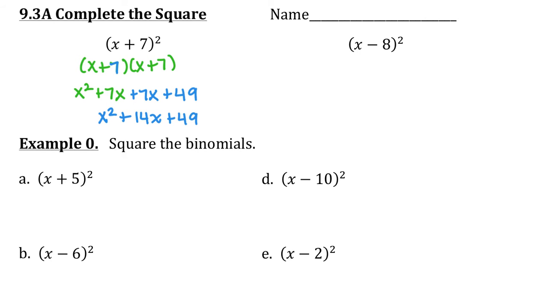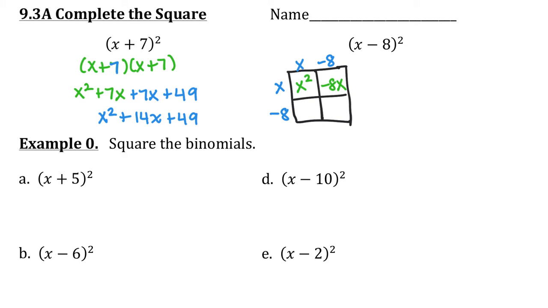I'll do the box this time because some of you use your box to multiply these. Okay, if I'm doing the box, I'm doing x minus 8 times x minus 8. X times x is x to the second. Negative 8 times x is negative 8x.